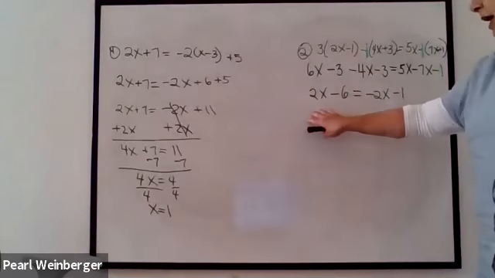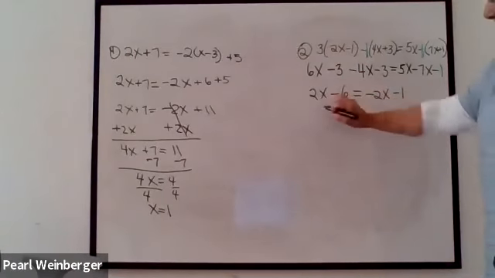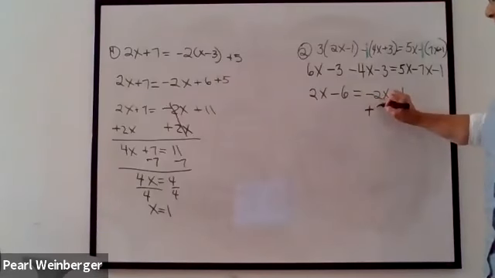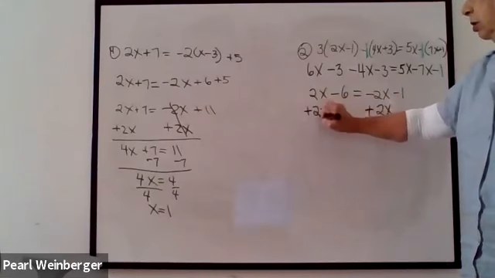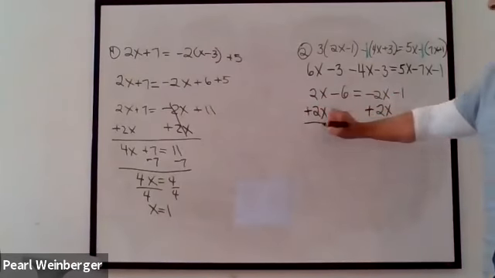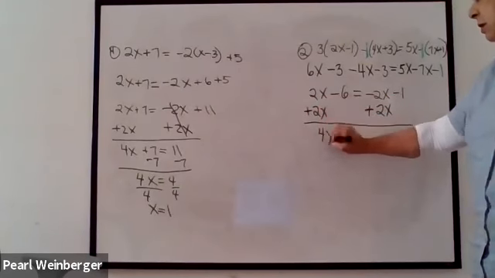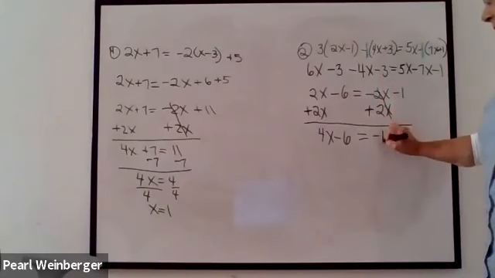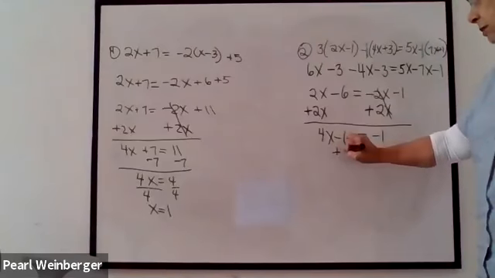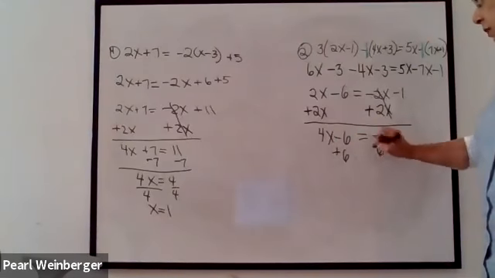Again, I'm going to bring the x's to the left side, so I'm going to add 2x to both sides. This will give me 4x minus 6 equals, now this cancels out, -1. So I'm going to add 6 to both sides, so I'll have no numbers left on this side.